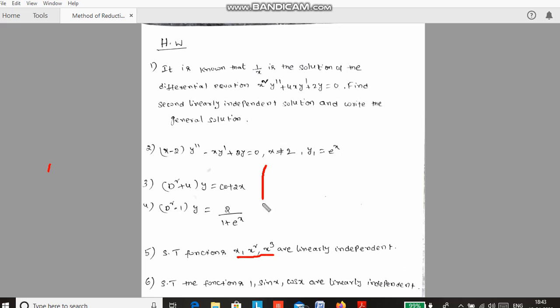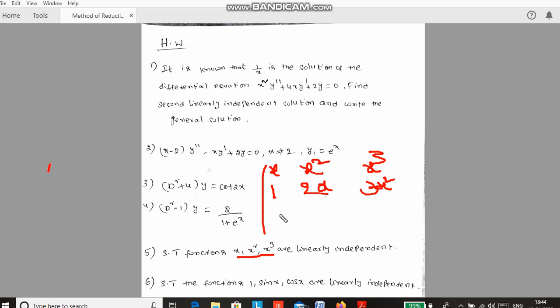Now we have to find the determinant of these three functions. In the first row we write the given functions x, x square and x cube. Second row, differentiation of x is 1, differentiation of x square is 2x, differentiation of x cube is 3x square.